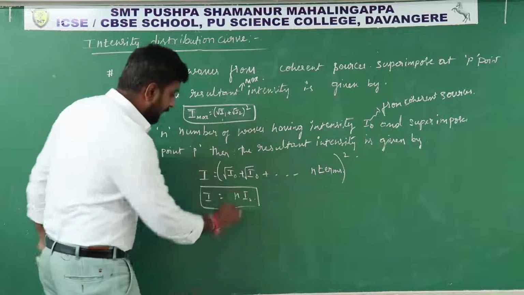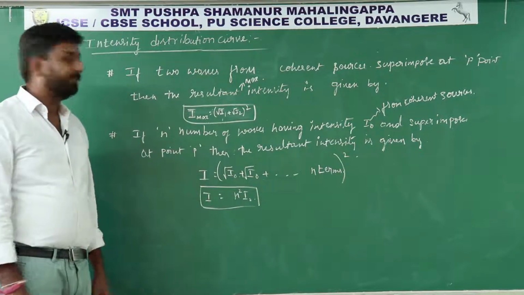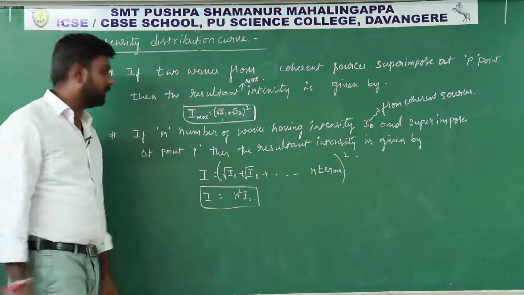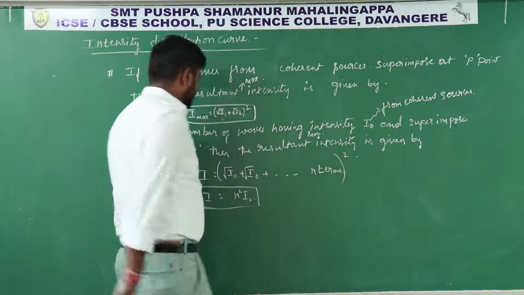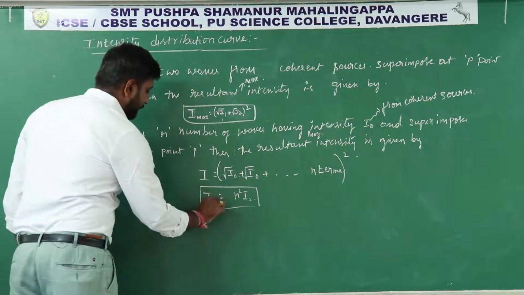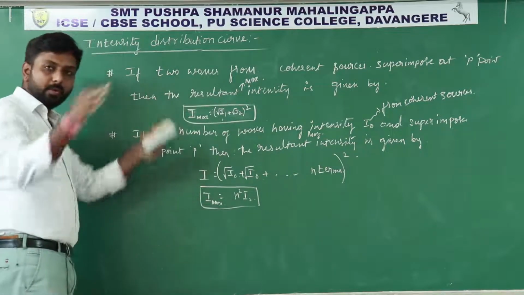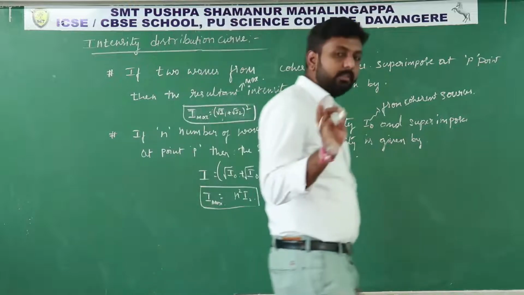Then you will get the final expression as n square I naught. So this is for coherent sources. The resultant maximum intensity, I max, due to n waves, is n square I naught. These formulas remember.